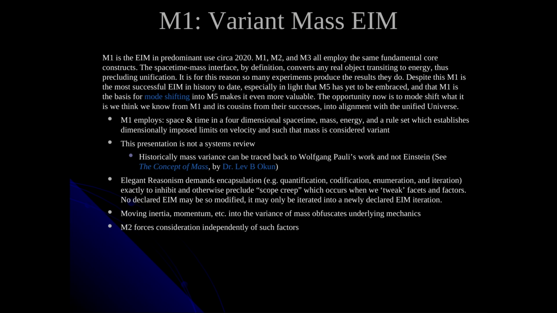Predominant thinking today holds that mass is variant across physics, and how we deal with inertia and momentum as we approach relativistic numbers in astronomy, cosmology, advanced astrophysics, nuclear sciences, quantum mechanics and even quantum computing. So it's important how you want to handle those in your investigation, what you pick. But for the purposes of this presentation, we've picked M1 because all that other detail is just too much to talk about in a presentation like this.